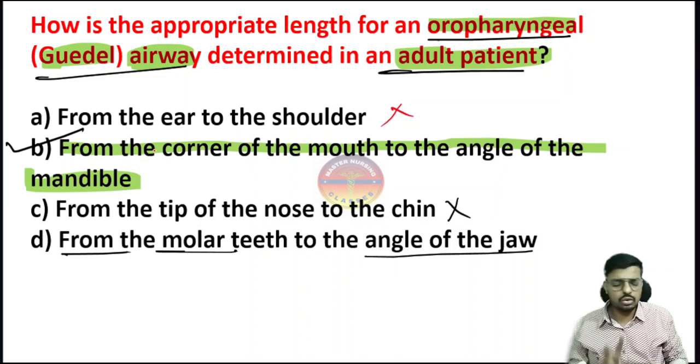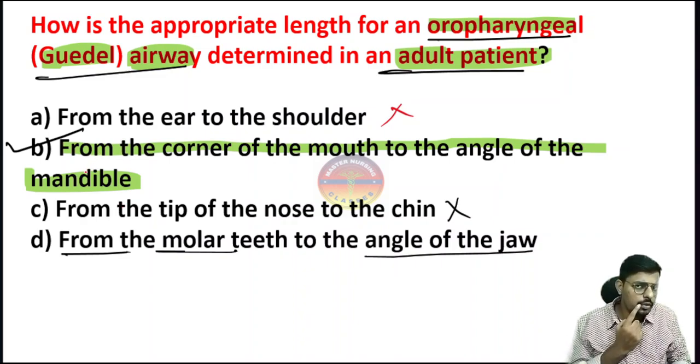There are two techniques to measure the length of the oropharyngeal airway before insertion, for choosing the proper size. One technique is to measure from the corner of the mouth to the angle of the mandible. This is the angle of the mandible and this is the corner of the mouth.